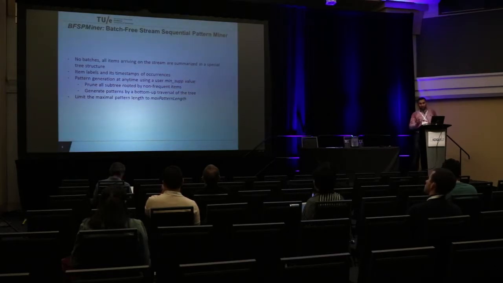It can be done at any time using any value for minimum support. While building the patterns, we do not assume any minimum support value. It's just when the user requires some patterns with a specific minimum support value that the pruning happens. The pruning is done by taking out all the subtrees rooted by the non-frequent items, and we generate the patterns by a bottom-up traverse of the tree, as we will see in the next slide.